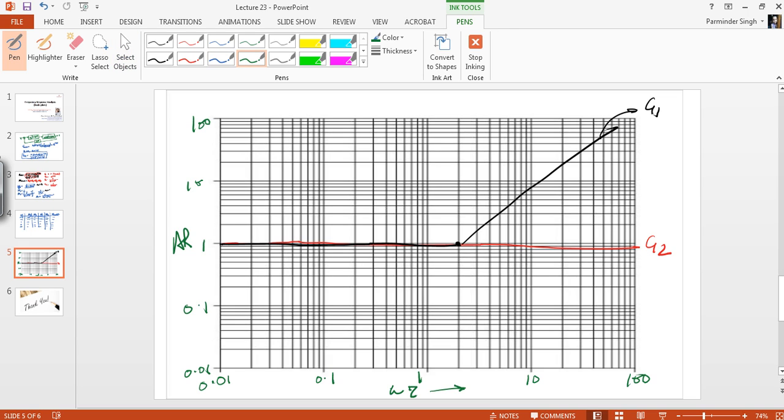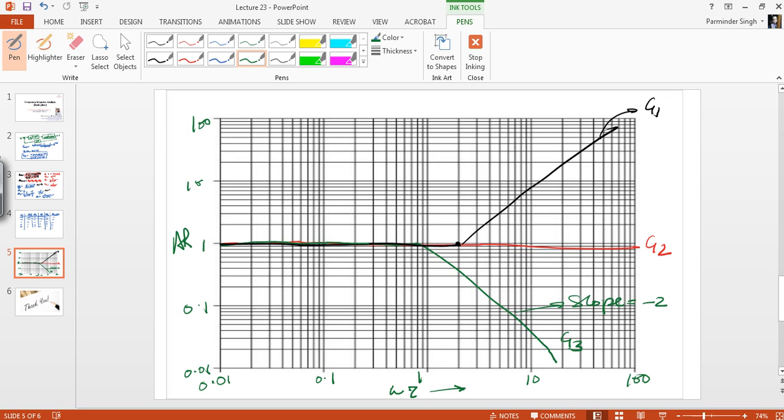It will continue till 1 at lower value, and then when it reaches 1, it will move downwards. That is G3 with a slope of -2. Clear? So slope of -2 means tan inverse of -2, whatever the angle.